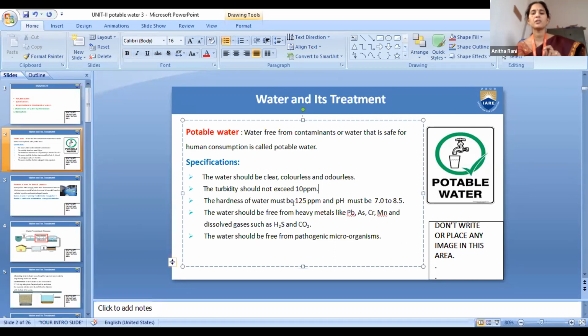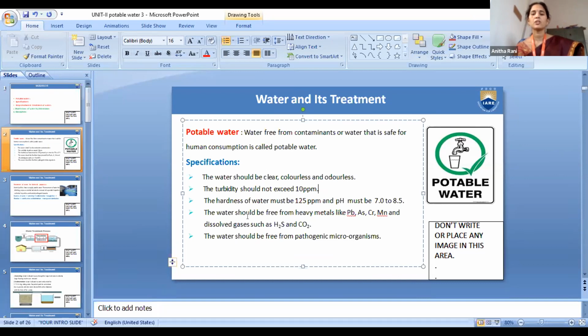The hardness of water must be 125 ppm, not more than 125 ppm. It should not exceed 125 ppm for potable water. And pH must be 7.0 to 8.5.